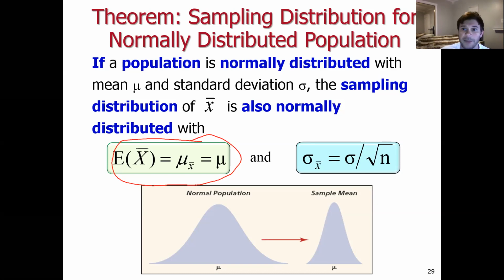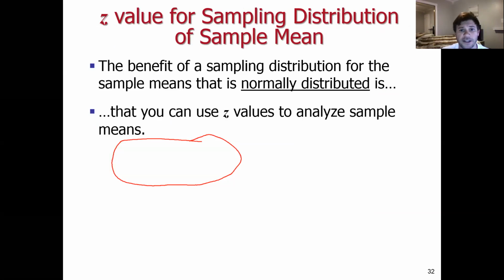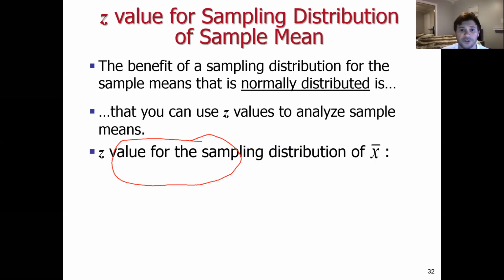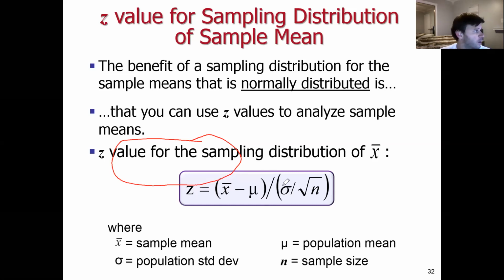And again, the big benefit of knowing that the sample means are normally distributed is that we can still use the Z transformation in order to compute probabilities underneath that standard normal distribution, with one small adjustment, and that small adjustment hopefully is fairly easy to see here, and that is, instead of dividing by the standard deviation, we're now dividing by the standard error here.